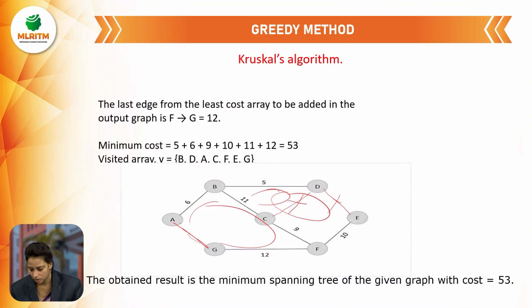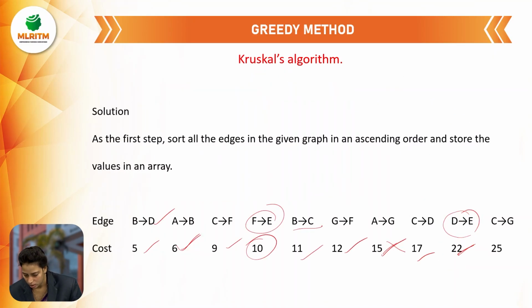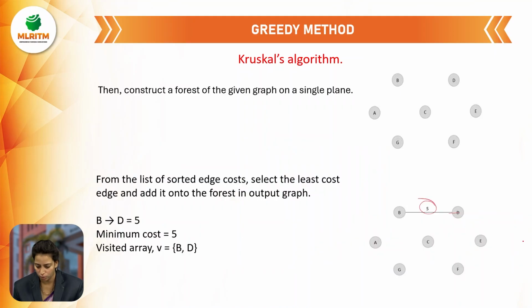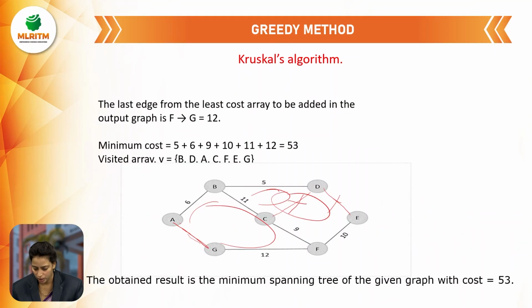Last one, C to G. What is the cost? 25. If we add this edge into the spanning tree, this also forms a cycle. So reject this one.